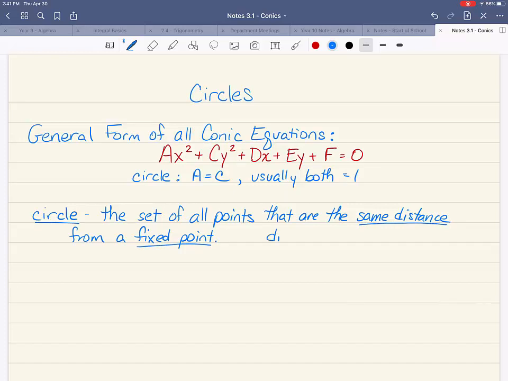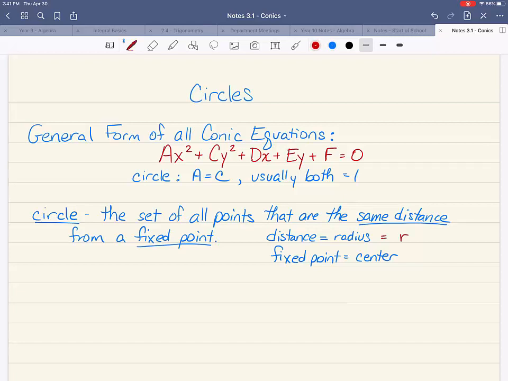The distance, what do you call the distance out from the fixed point? It is called the radius. And the fixed point that you measure from is called the center. Now, in all other geometry problems that we've done, what letter have we always used for radius?